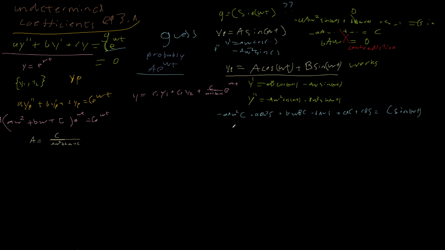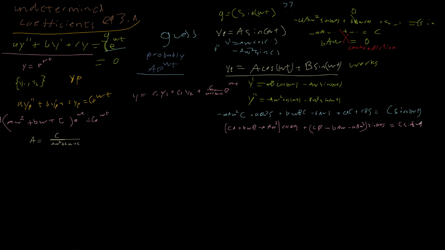So we'll start with c times a plus b w big B minus big A w squared times cosine omega t, plus c b minus b a w minus a big B w squared times sine omega t, is equal to c sine omega t.